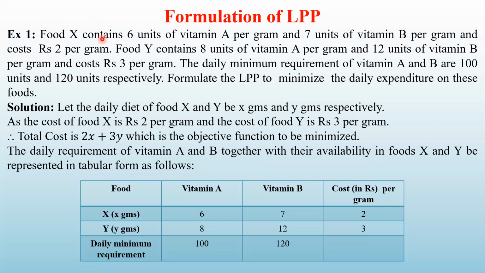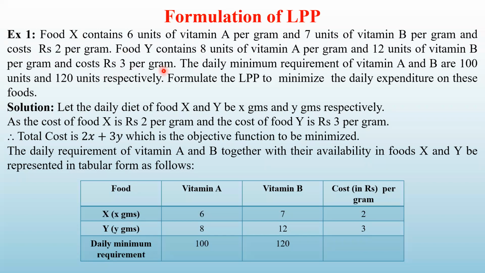And the cost of this food is ₹2 per gram, because we have to look at the cost also. There is another food Y which contains 8 units of vitamin A per gram, that is, eating 1 gram of food Y gives 8 units of vitamin A, and 12 units of vitamin B per gram. And the cost of this food is ₹3 per gram.